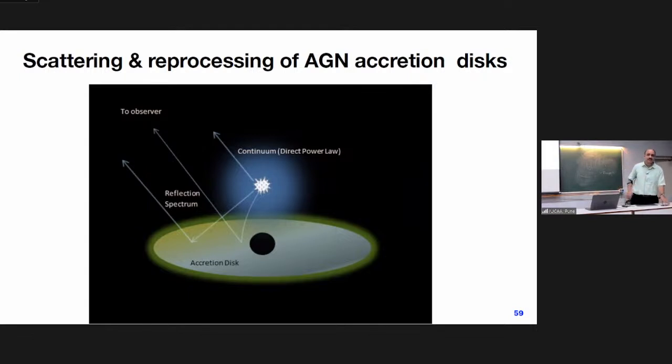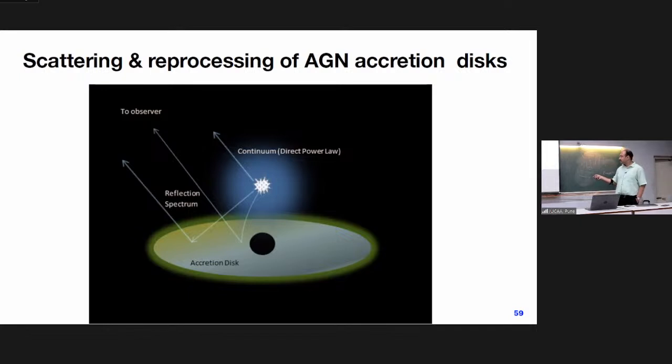Any other question? Is the reflection spectrum and continuum the same? No. The continuum spectrum will give you a power law. For the reflection spectrum, there is some scattering involved with the accretion disk. So the shape of the spectrum changes because it depends on what part of the accretion disk it is interacting with.